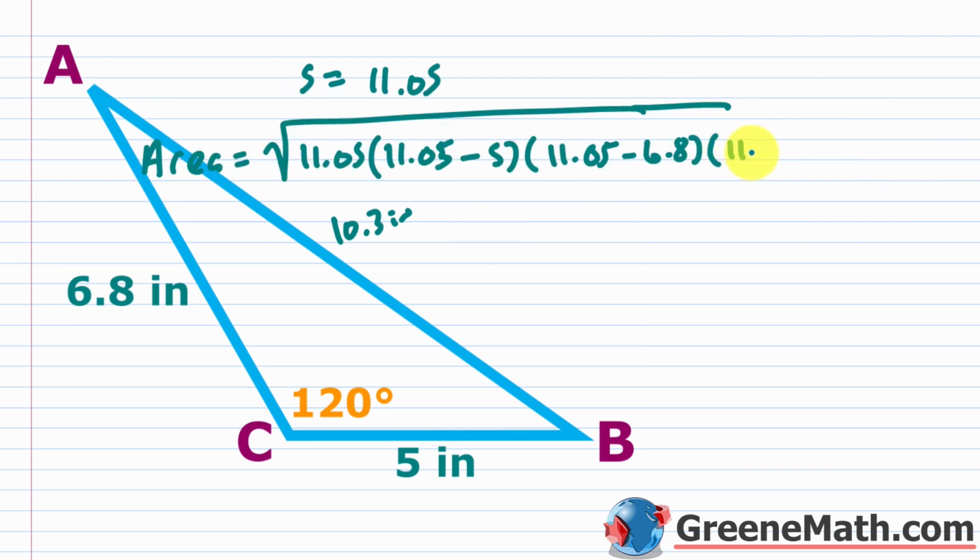We'll say that we have 11.05 minus, for C, you have 10.3. Okay, let's close that down. Let me get rid of this. Let's just key this into the calculator. So I get about 14.6 if I round to the nearest tenth.